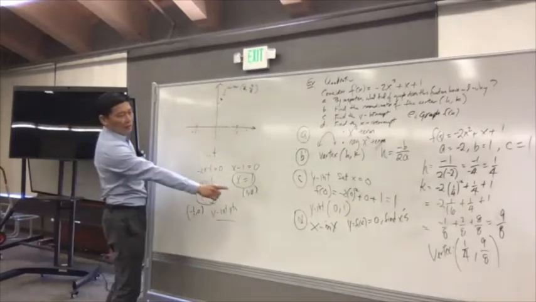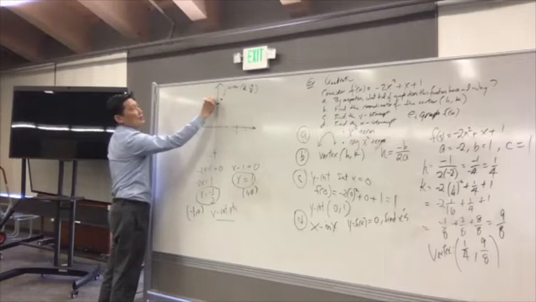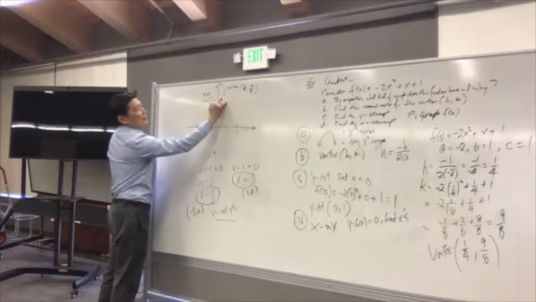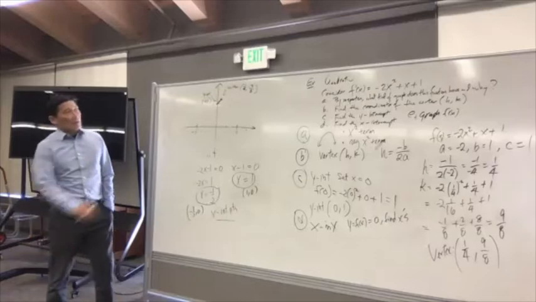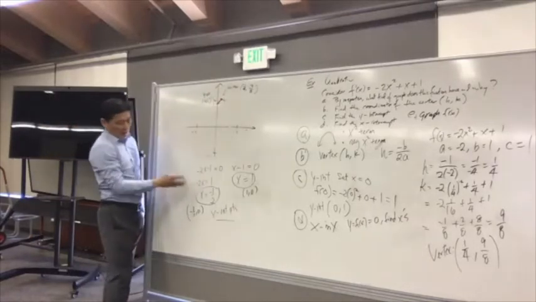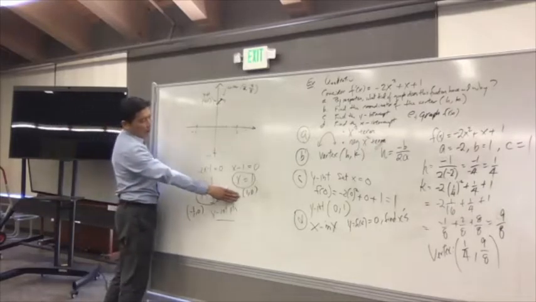My y-intercept is 0, 1. So here is my y-intercept at 0, 1. The graph is going to come through and hit this point. And then this is the highest point, so it's going to go that way as well. Now I need 2 more points. I have x-intercept at 1, 0.